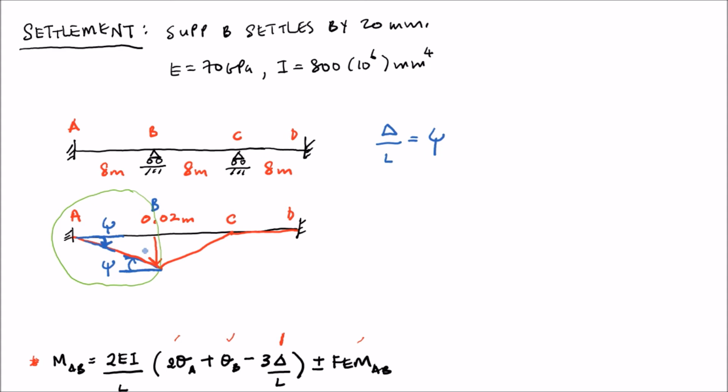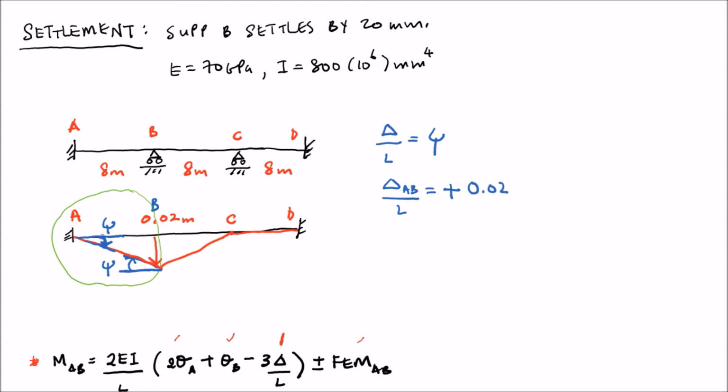So if you want to determine what delta over L is, if it's clockwise, then you put a positive value. The rotation would be delta, which here is 0.02, divided by the length.